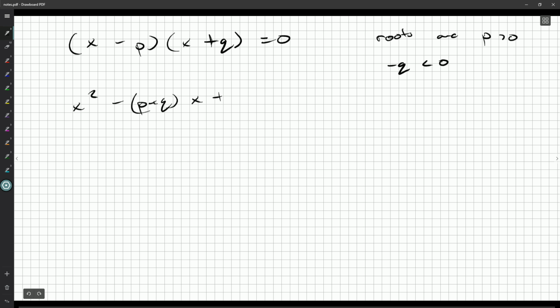So both p and q here are positive. So then you'll get x minus p times x plus q, so p has to be greater than q. I think that's what we're looking at here. And then minus pq.